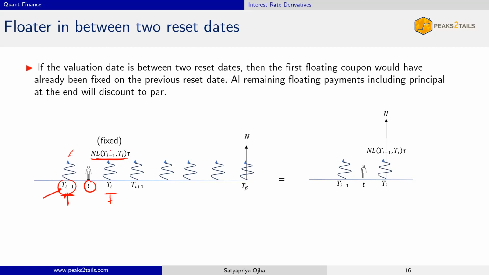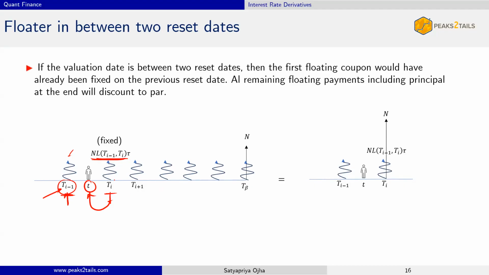This is just a simple cash flow that is deterministic. It's there. It is known. To value this standalone coupon payment, I'll just need to discount it here. That's all. What about the rest of the payments? So this is a separate treatment, okay?